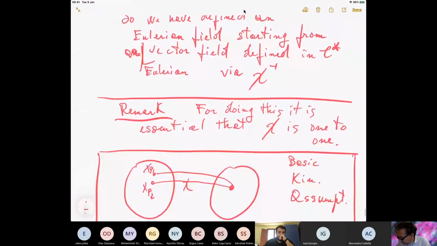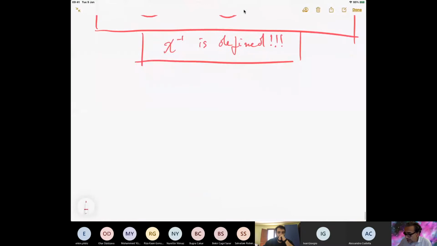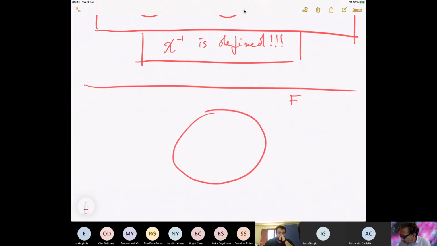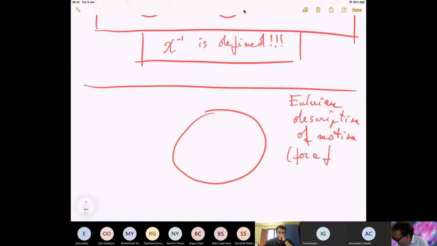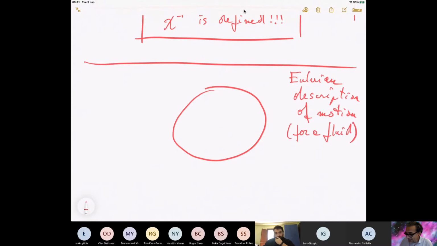Now, let us stop a little bit in this discussion and let us consider a purely Eulerian description of motion, as for a fluid. So let us think about what we have as kinematical descriptors.